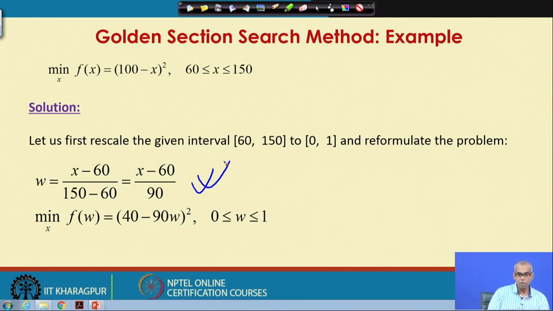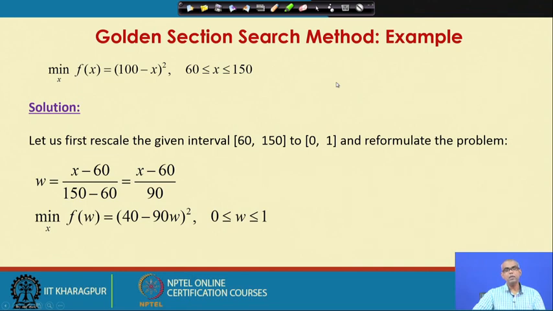So, reformulate the problem in terms of w now. f(x) equal to (100 minus x) whole squared becomes f(w) equal to (40 minus 90w) whole squared, where w varies from 0 to 1, and this is the function we will minimize.